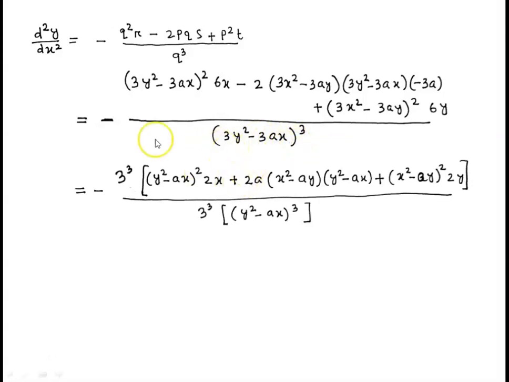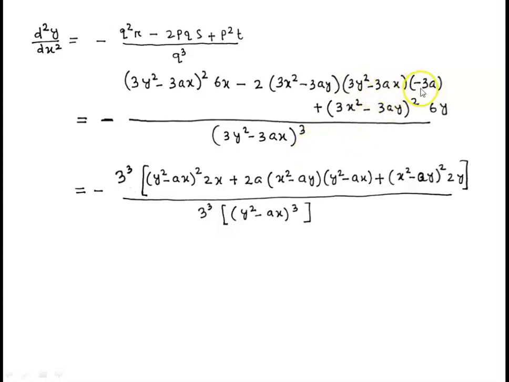By taking 3 raised to the power of 3 common, because in the first term we can see that we have 3 square inside the bracket, and from this 6 we can take 3. So we have 3 raised to the power of 3 in the first term. In the second term we also have 3 raised to the power of 3 common. Here we have 3 in the second bracket, and in the third bracket also we have 3.